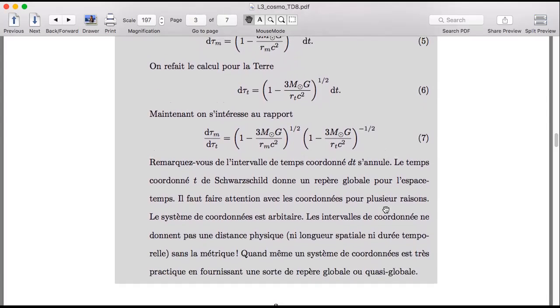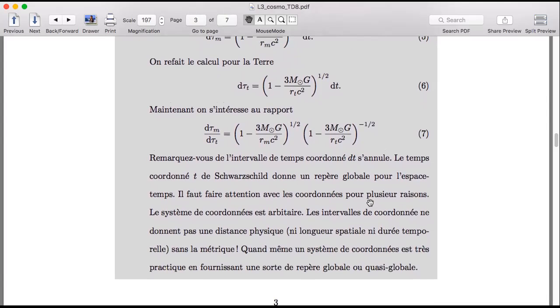I guess it's awkward to find the language, because the language we use was developed before Einstein discovered relativity, right? So it's a little awkward to talk about it, but we basically have to distinguish between coordinate time and these proper times. And the useful thing about coordinate time is that it's part of a global coordinate system. So it's global for the Schwarzschild space-time.